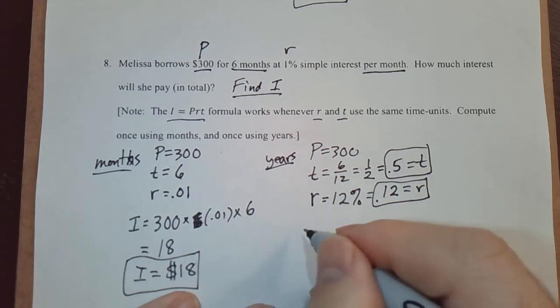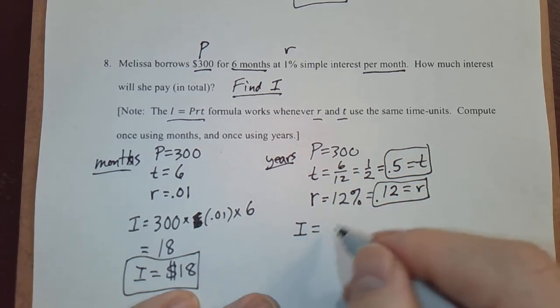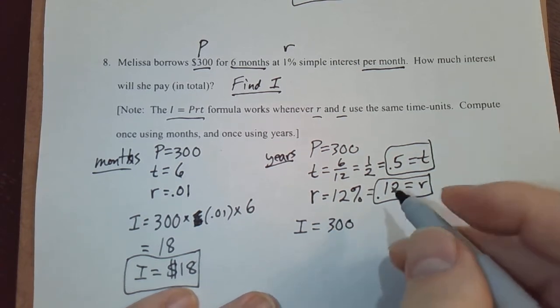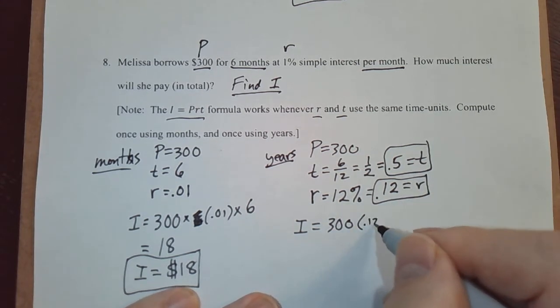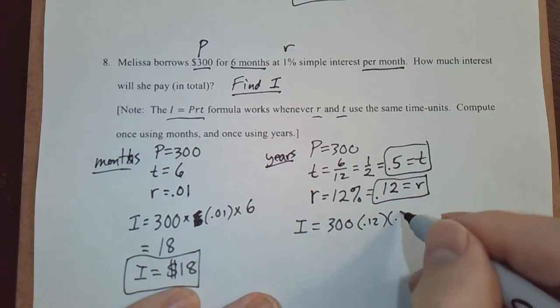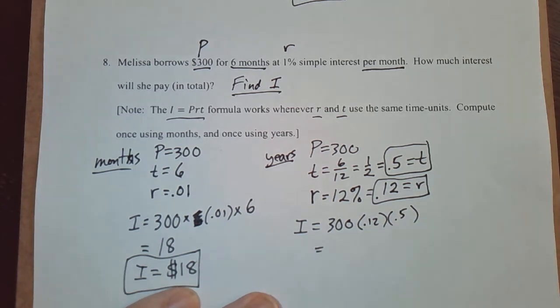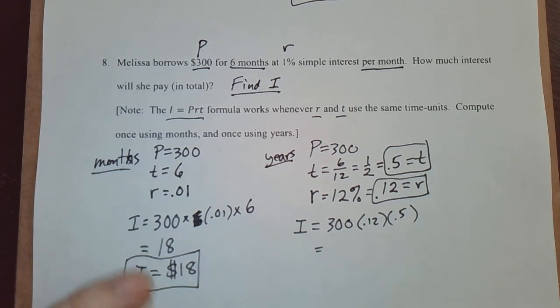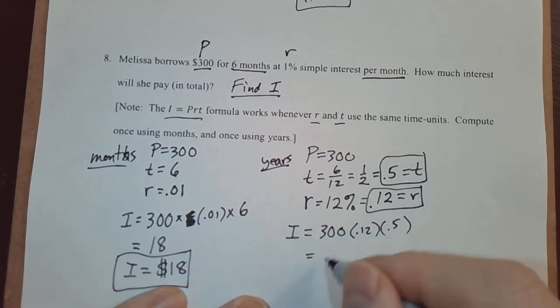Okay, so let's see what happens. Interest equals P, which is 300, then R, which is 0.12, and T is 0.5. So when I plug that into the calculator, I get 300 times 0.12 times 0.5 equals, and I get exactly 18, just as we expected.